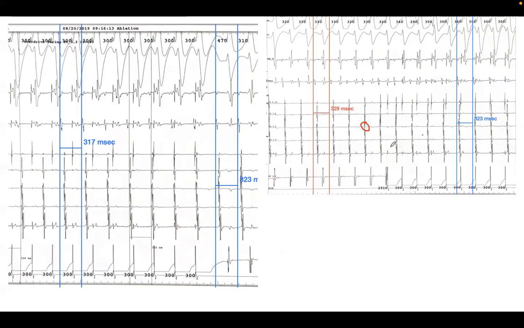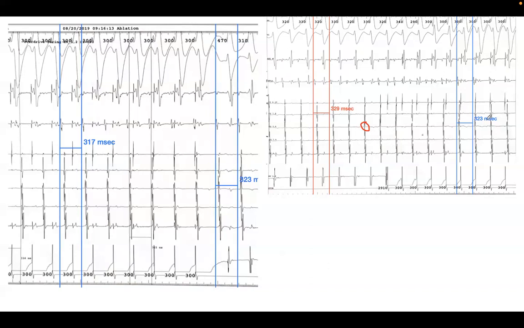So like we said, when you V-pace and you see VA dissociation, then you immediately know that the tachycardia is not AVRT. If you see VA dissociation during tachycardia, if you V-pace and you dissociate the V's from the A's, and the tachycardia keeps going. So this is what was happening here.